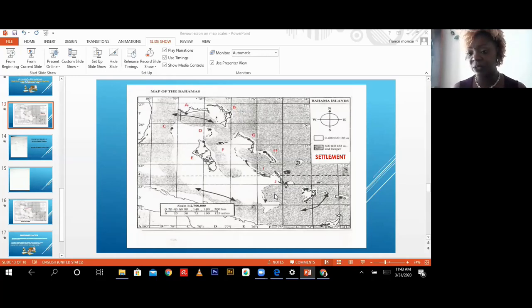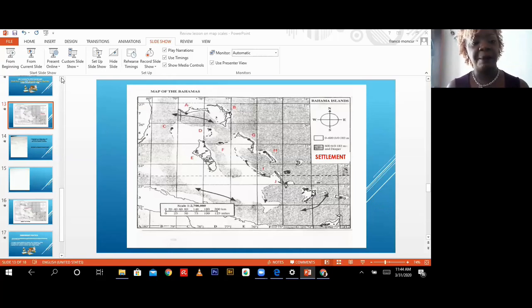Those notes work, they help. And go through the map section of the map of the Bahamas and practice, practice, practice. I can't say that enough. Practice makes perfect. And these things may come across as being a little bit difficult now. But the more you practice, the better it's going to be. All right?